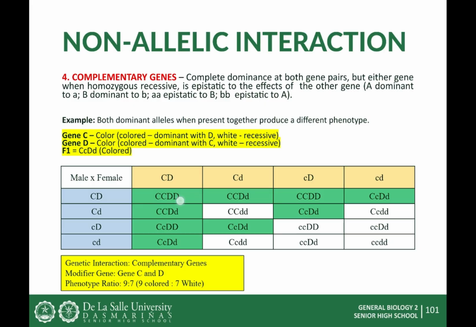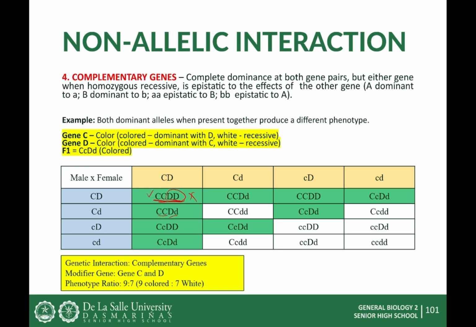Therefore, if one of these genes is recessive, automatic, it will not give us the other phenotype. So, let's understand this in this Punnett square. This is both genes homozygous dominant. Therefore, it will be colored. No? The phenotype will be colored.